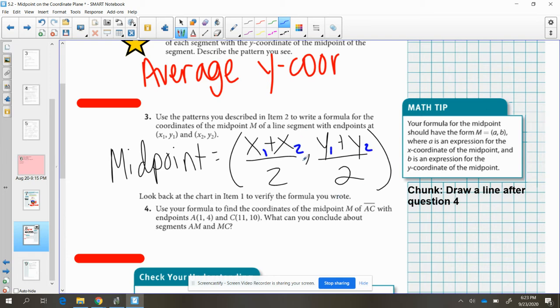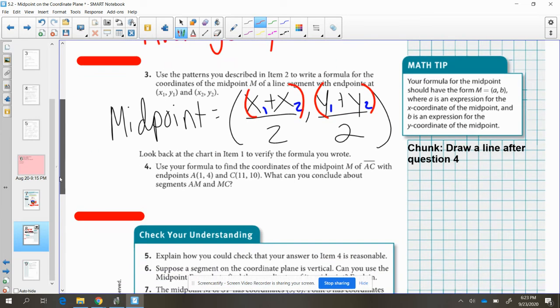Order is not necessarily important here because we're adding. It's not like the distance formula where order is going to be as important. What matters is that you're adding your two x values together and your two y values together. And the other important thing is that you add the values up, then divide by 2. Again, your answer is going to be a point, so x comma y, okay?